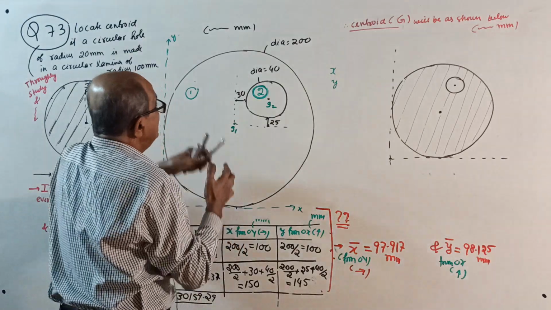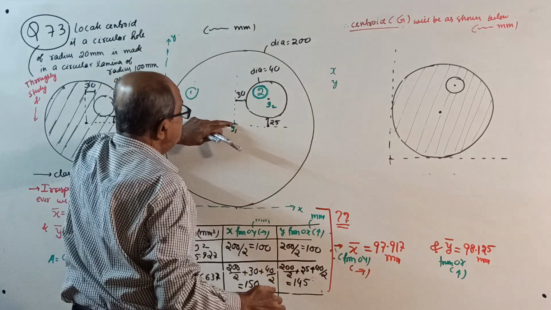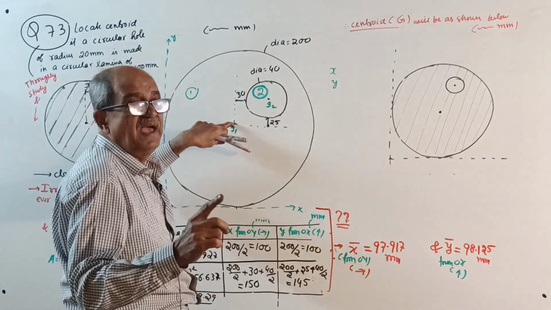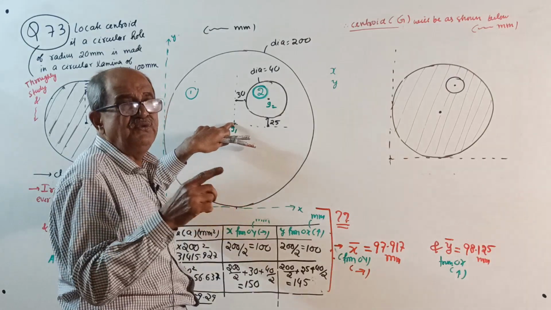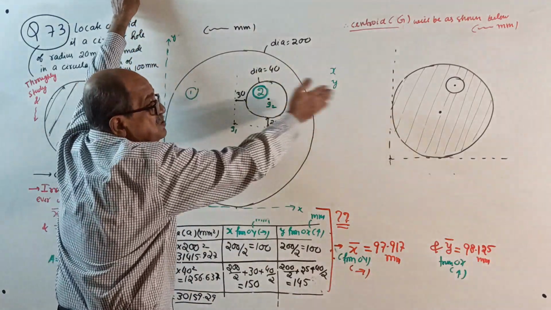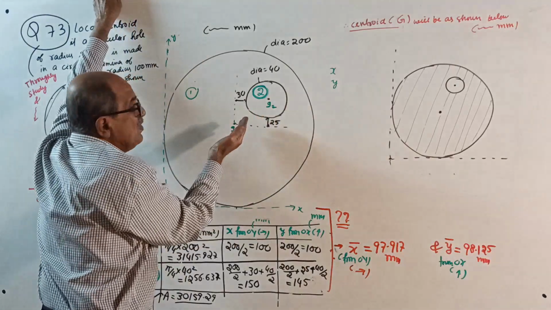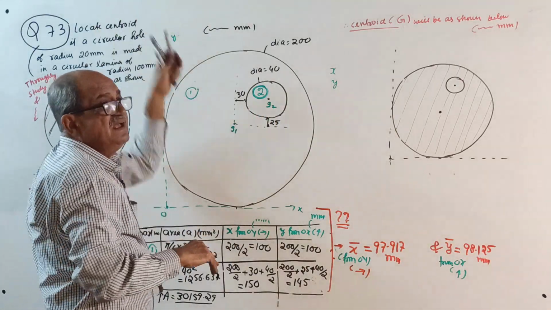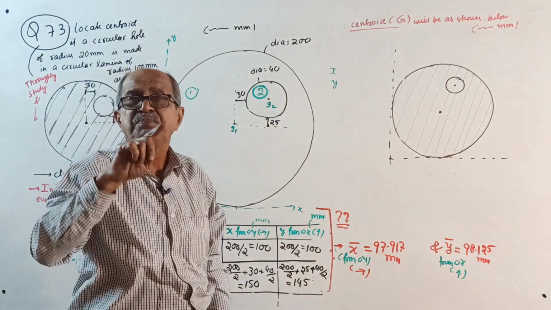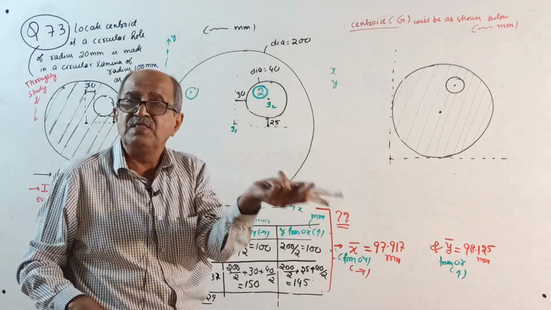One thing is guaranteed: if this circle is not cut out, the centroid is here. Because you remove this area, you are losing area lengthwise, so your centroid will shift to the other side.